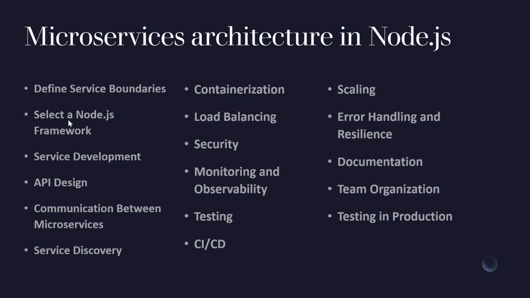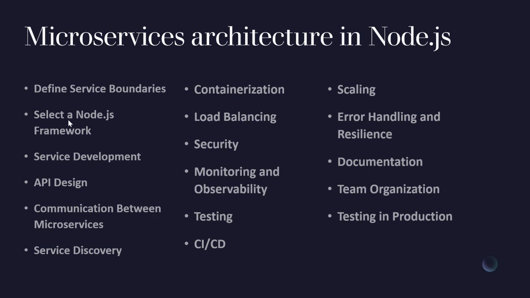You can containerize each microservice using Docker. Docker is one of the very popular containerization tools nowadays. Docker containers provide consistency and isolation, and make it easier to deploy and manage microservices.